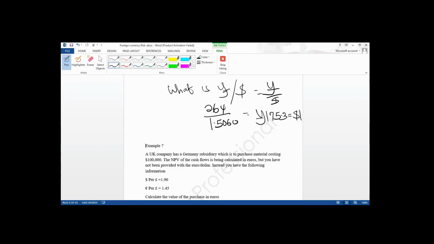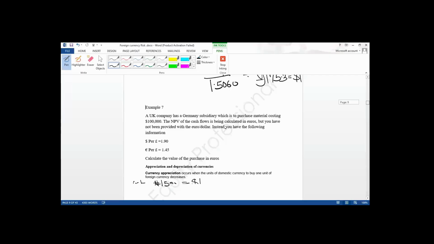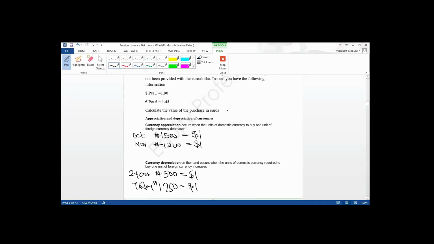We have derived this exchange rate based on their relationship to pound sterling. That is cross rate.